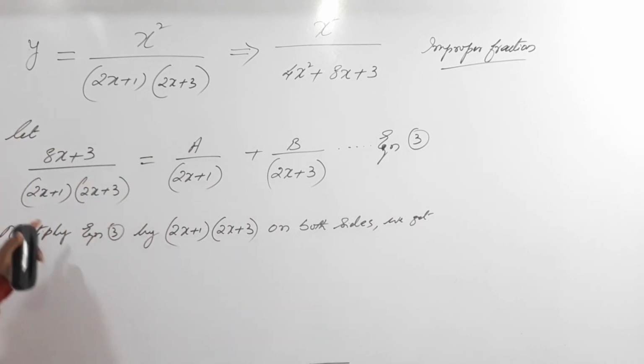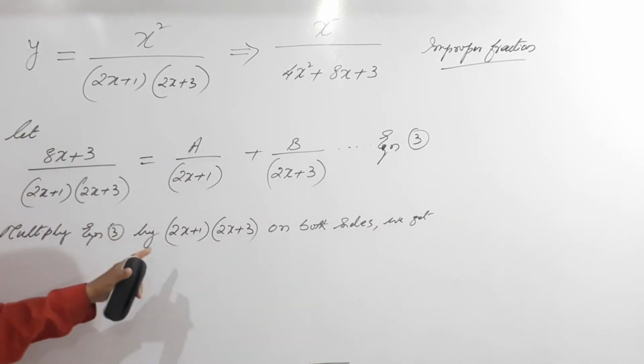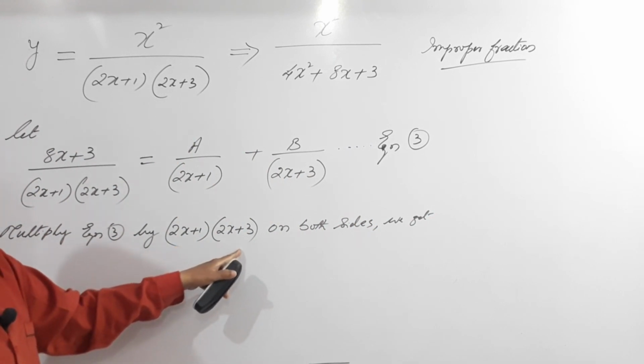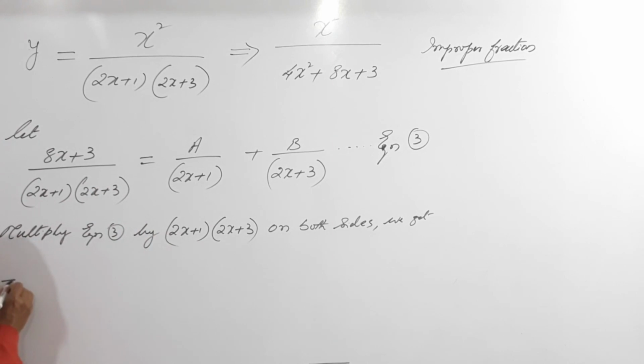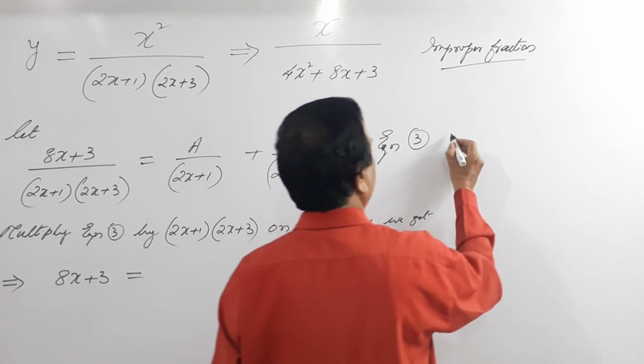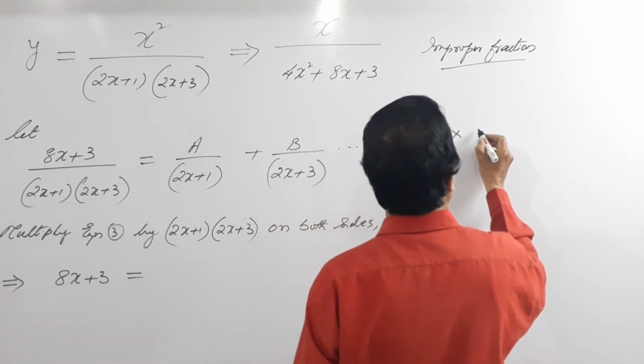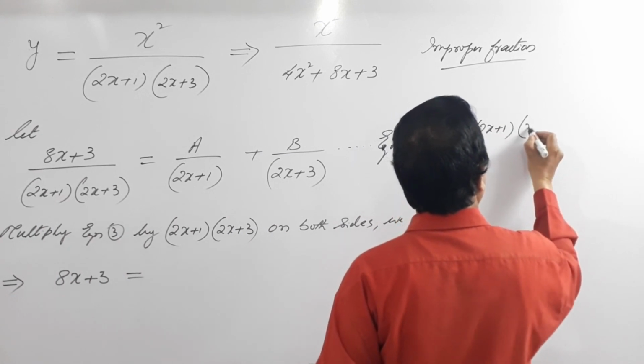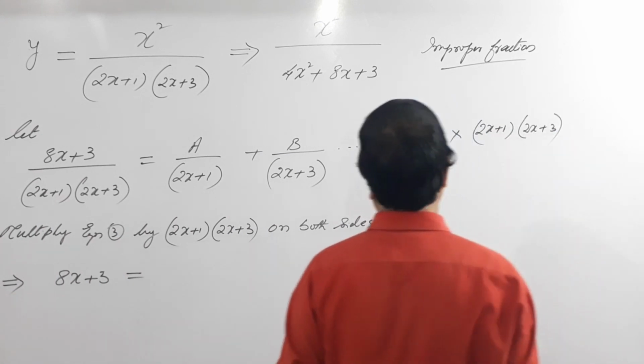So if you multiply equation 3 by 2x plus 1 and 2x plus 3, on the left hand side what you get is nothing but 8x plus 3 equals, just as a reference I am writing this, 2x plus 1 into 2x plus 3.